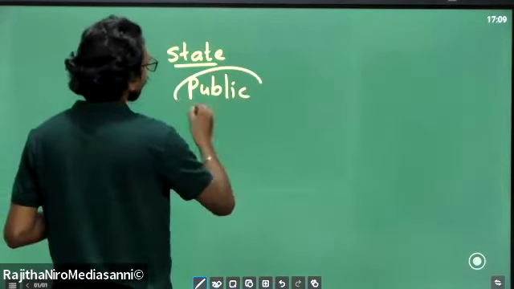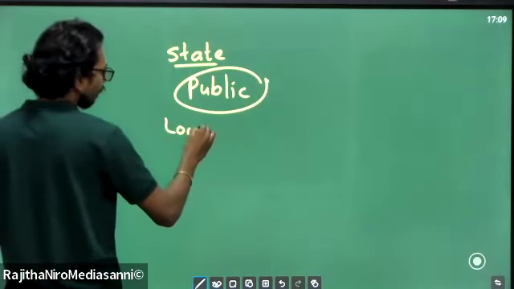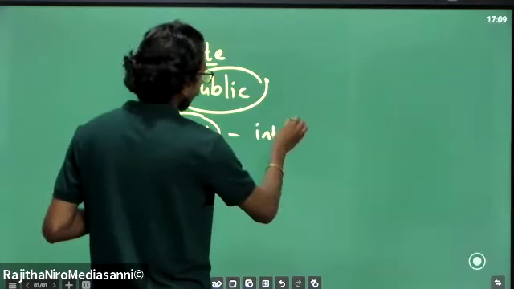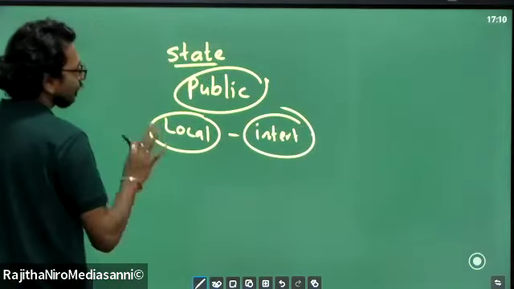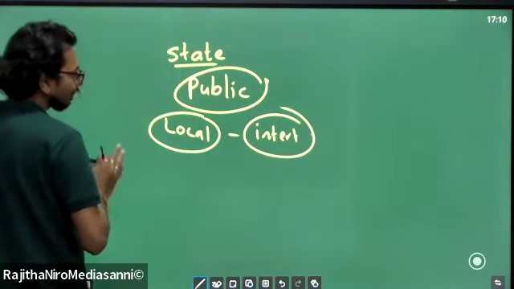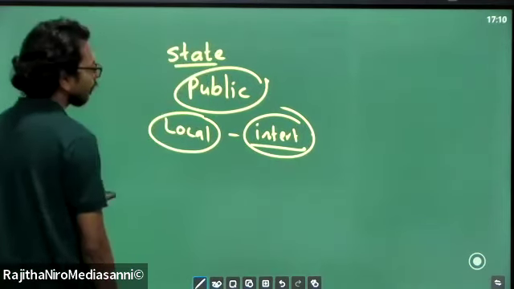So it's not a simple local idea. It's actually an international idea. This is not a local, normal, simple public relation. It's an international type of idea. You have to think about that.